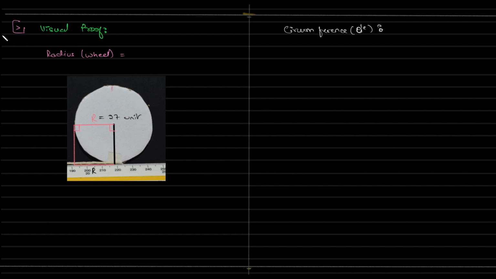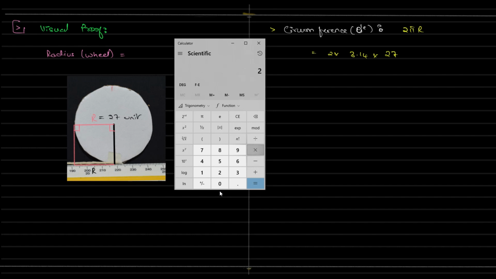Okay. So now let's calculate the circumference of this circle. So circumference of the circle is given by 2 pi r. That is 2 into, I'll take 3.14 into 27. Right. So let's make use of the calculator.